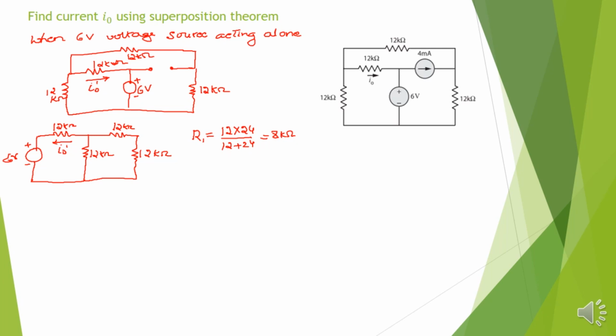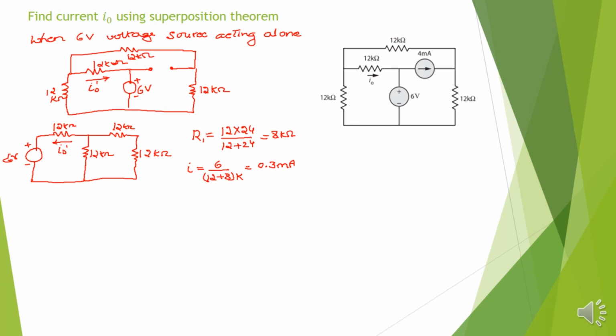So what is the current supplied from this source? The current supplied from the source I equals supply voltage divided by 12 plus 8 kilo ohms. So it comes as 0.3 milliamps. 6 by 20 is 0.3, and 1 by kilo goes to the numerator as milliamps.